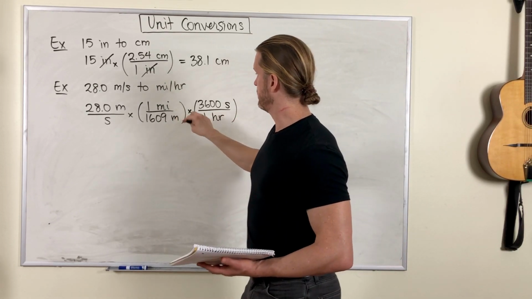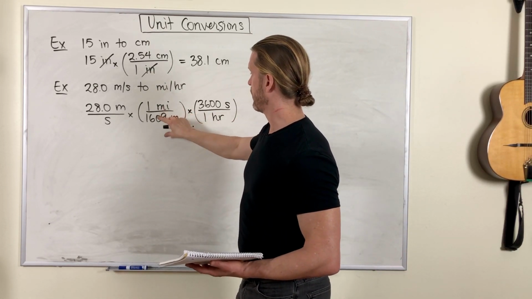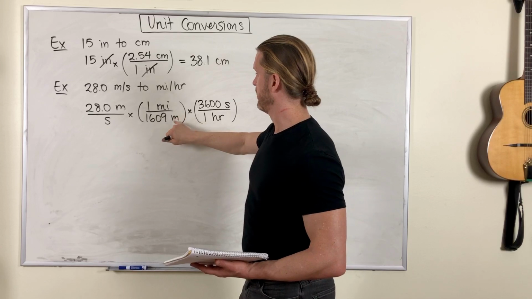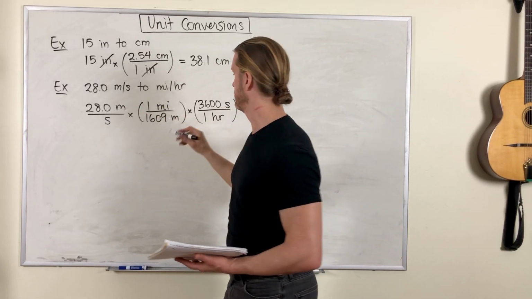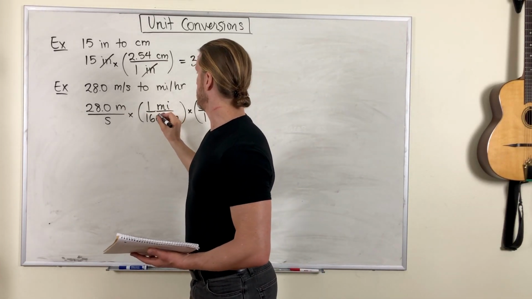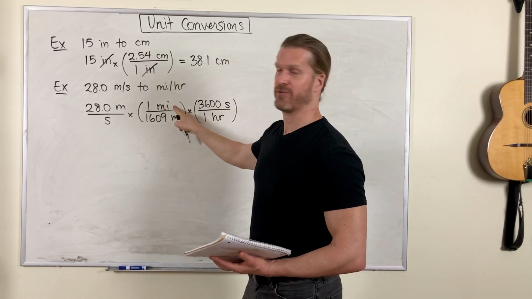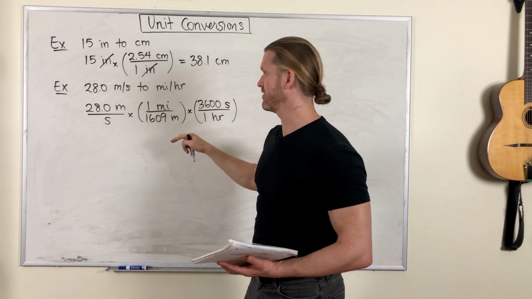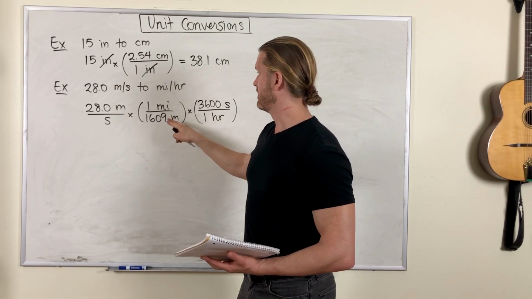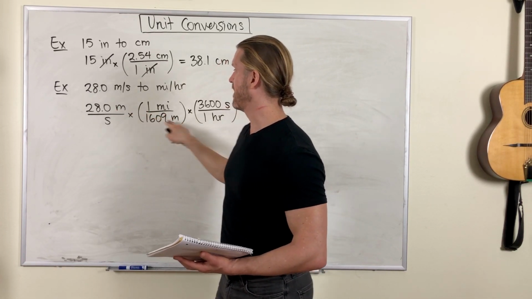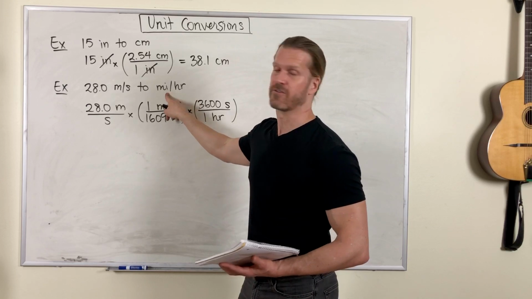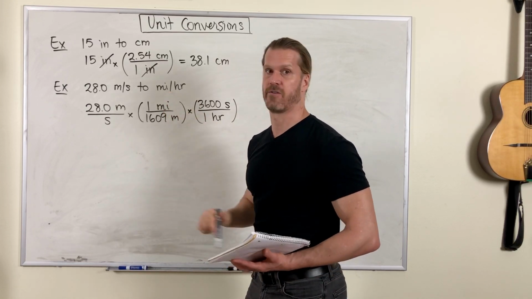Now keep in mind, I'm making sure to write these conversion factors so that the proper units cancel. If you're uncertain which way they should go, whether I should have put the miles on top or the miles on the bottom, remember that we're trying to cancel out the meters, because we don't want meters in the final answer. We do want miles.